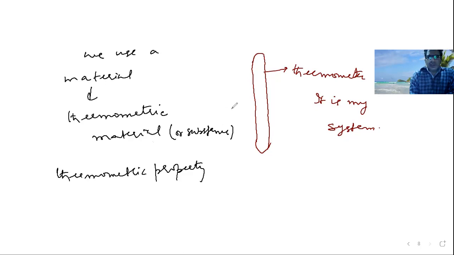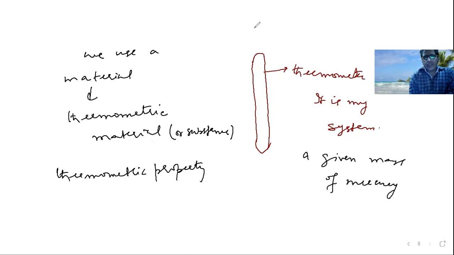Then what we do, for example, in the case of a mercury thermometer, we take a given mass of mercury, right? Given mass of mercury, and put that mercury in this narrow tube, right? Then what happens?